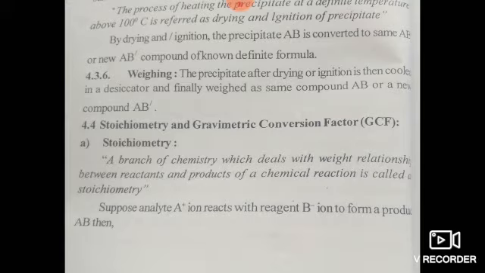Means what? By using the stoichiometric factor we can balance the reaction, and we can relate the weight of the product and the reactant. For understanding stoichiometry, suppose the analyte A plus ion reacts with the reagent B minus ion to form a product AB.